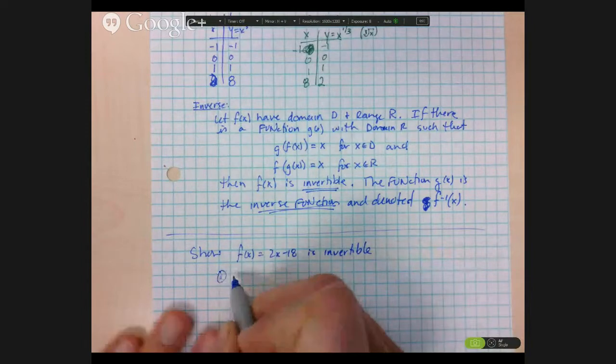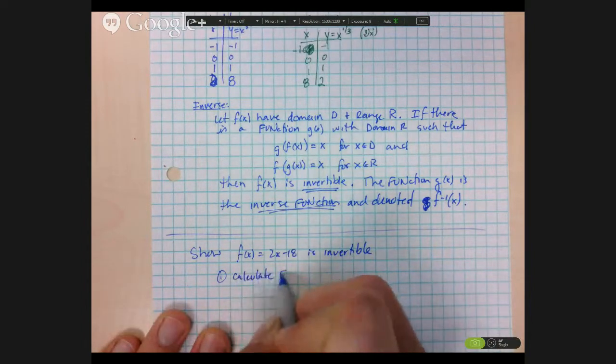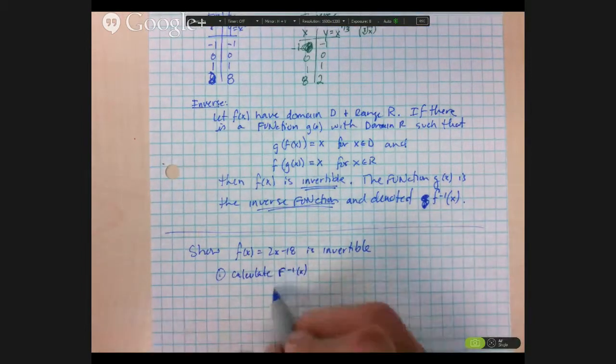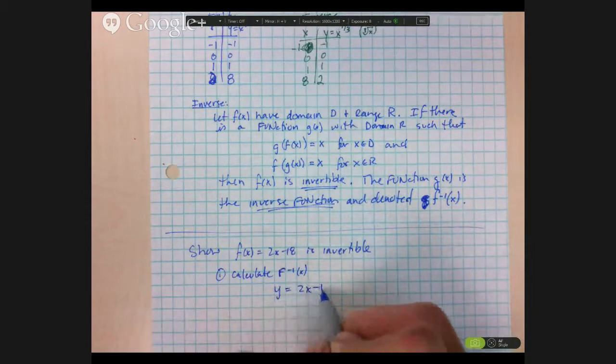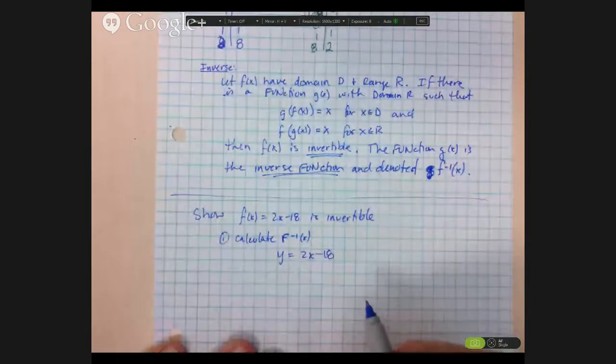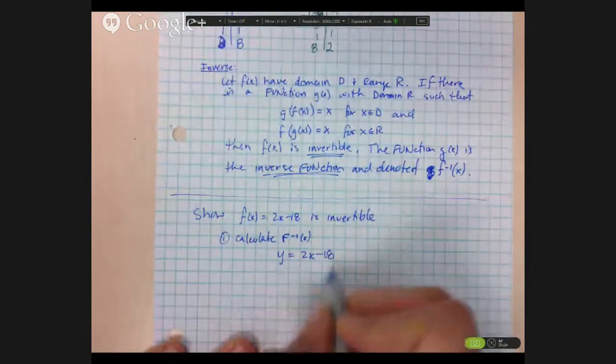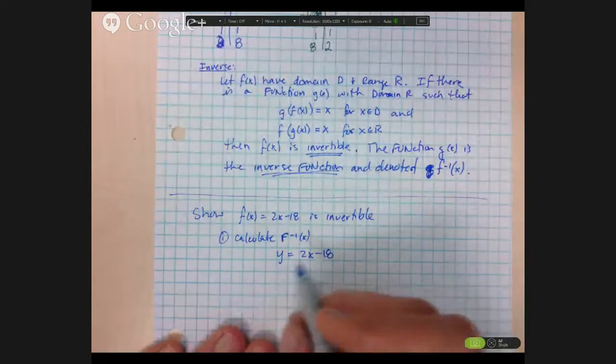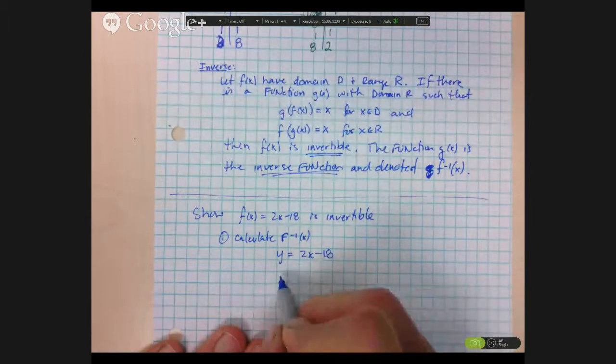First, calculate the inverse. Set it equal to y, then swap and solve for x. Plus 18 divided by 2.